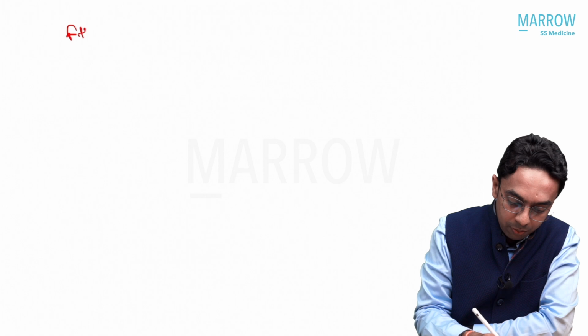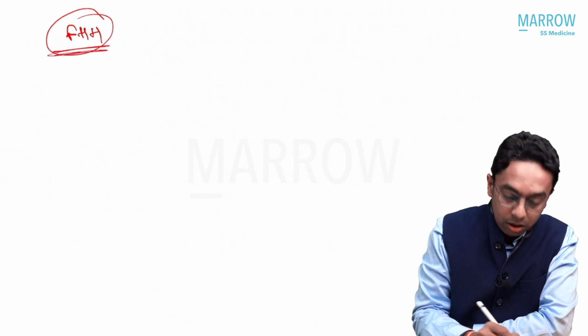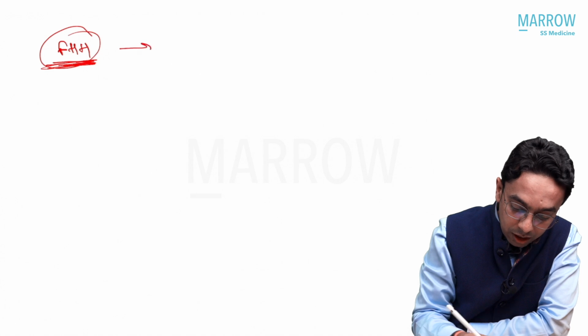Coming to FHH, this is again a very important topic. Familial hypocalciuric hypercalcemia. Hypercalcemia means in blood you have more calcium. Hypocalciuric means in urine you have less calcium. It's a familial disease. There are various genes. The most common is the CASR gene.